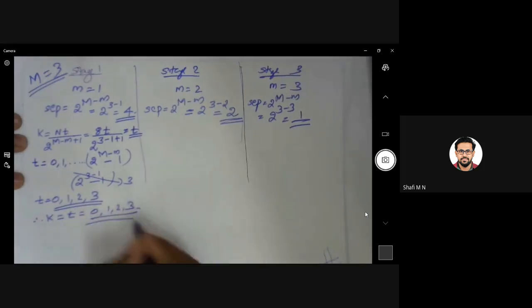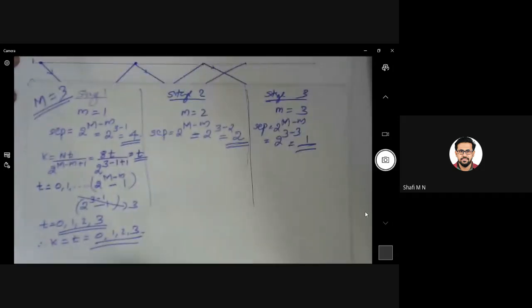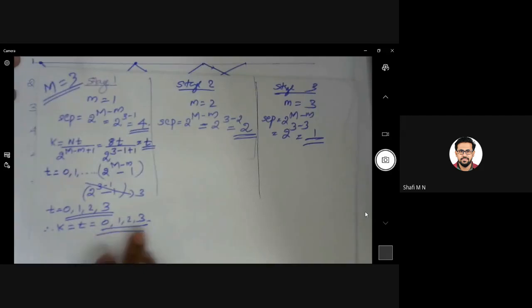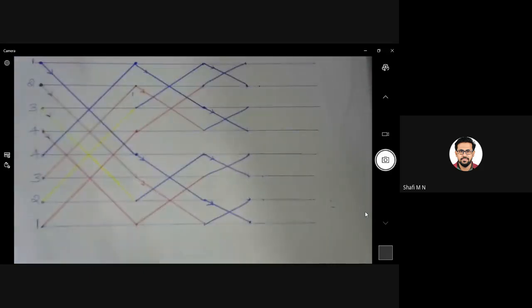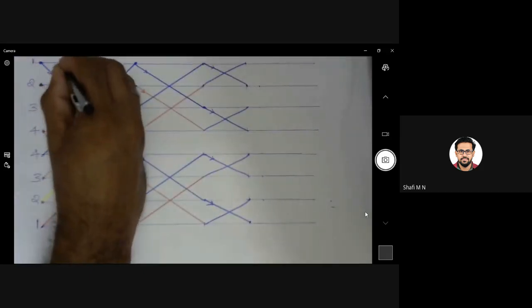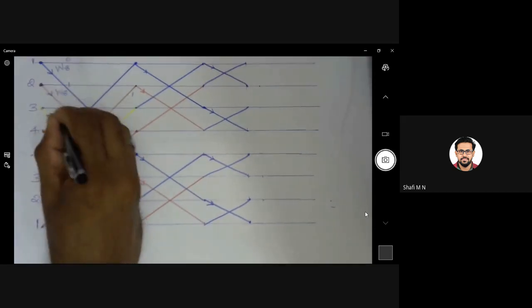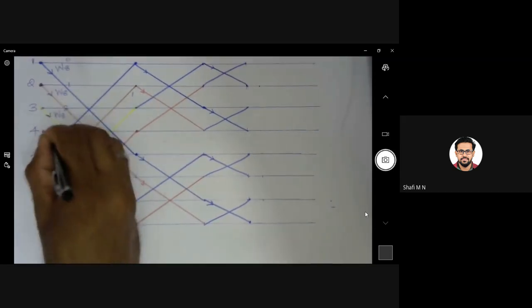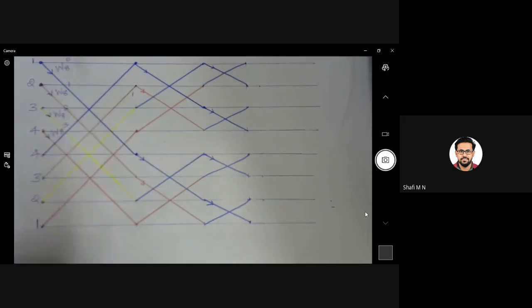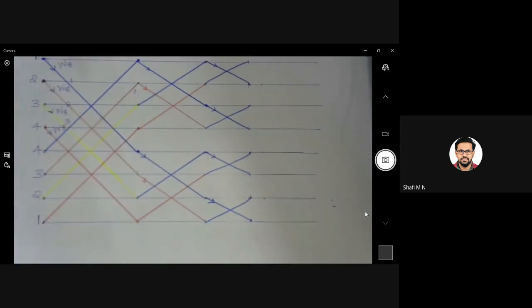So you have 4 values for k. That's why we have 4 colors for the butterflies in the first stage. Just remember the values 0, 1, 2, 3. Let's draw it over here: W8^0, W8^1, W8^2, W8^3. Those are the twiddle factors.